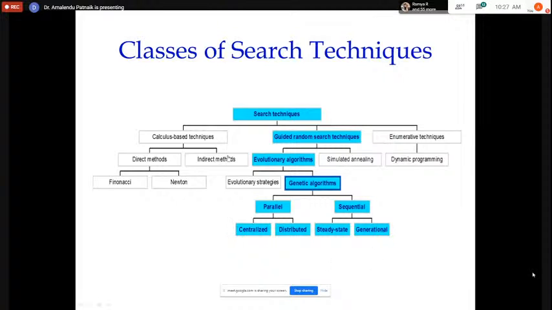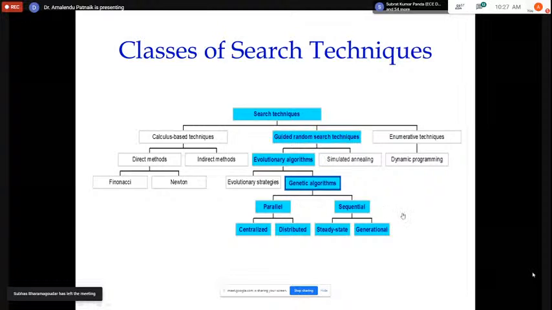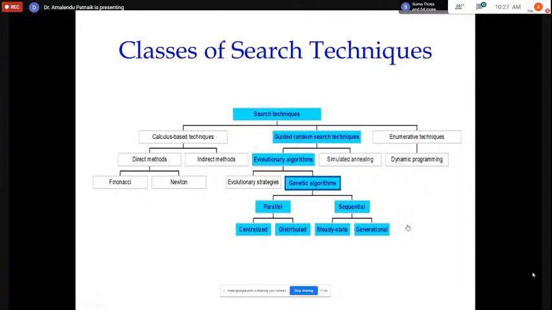So most of these meta-heuristics come under these guided random search techniques. These evolutionary algorithms are a part of this, and the other techniques like genetic algorithm, all other techniques that I showed you in the previous slide, come under this guided random search technique branch.